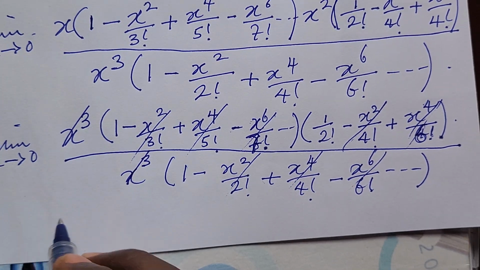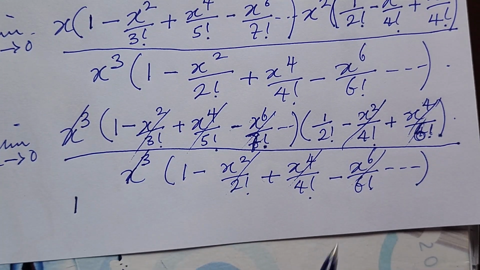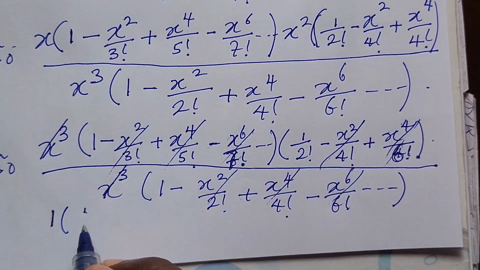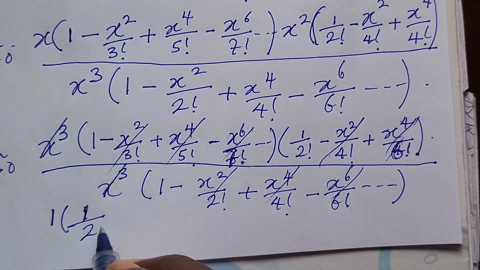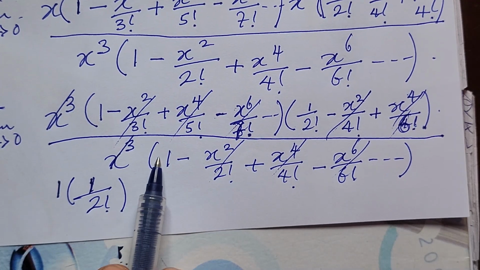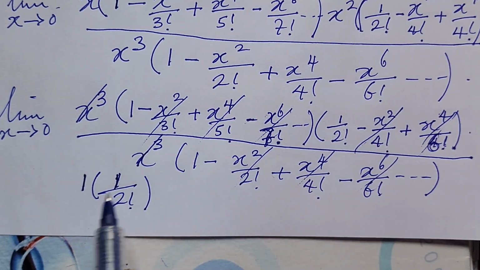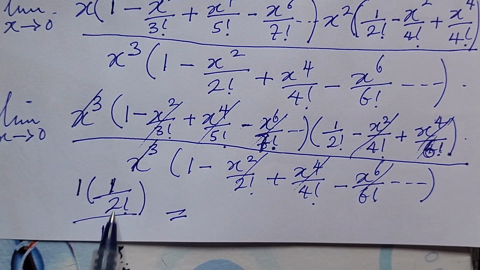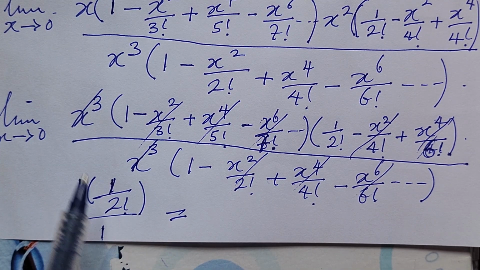So we're going to have here 1 into what we have here is just 1 all over 2 factorial, close bracket, and at the denominator we have just 1, so this all over 1. So 2 factorial is just 2, and if we multiply by 1 it will still give us 1.